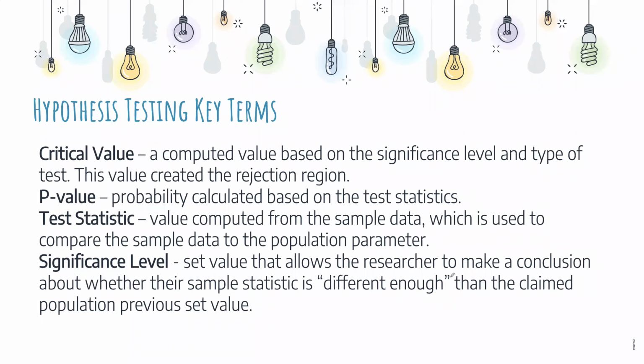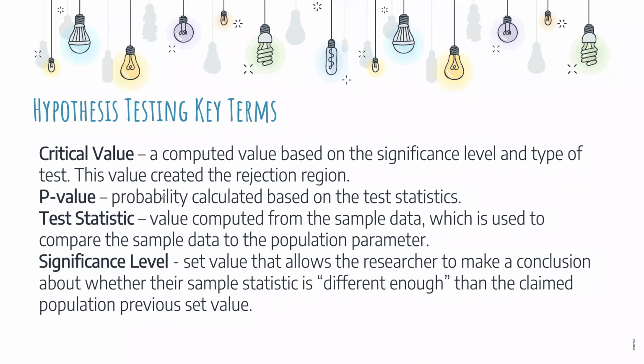It depends on the significance level, because the significance level tells me the area that I want in the tails, and on the type of test, because we're going to be talking about a z-test and a t-test, depending on the information that we have. We're going to talk more about different types of tests and how we use them in a future video.